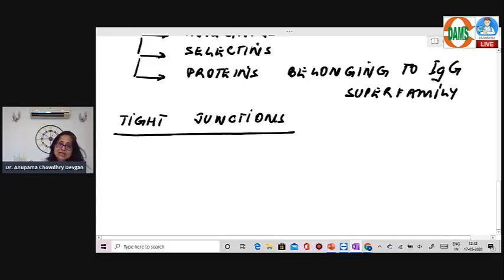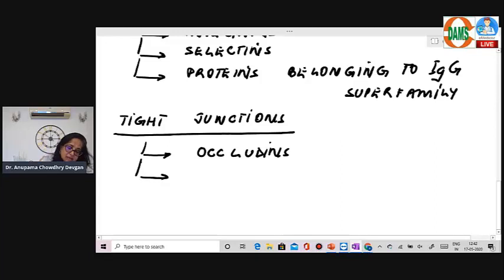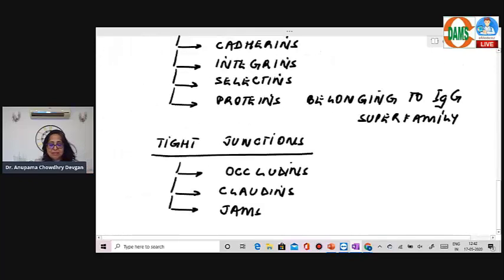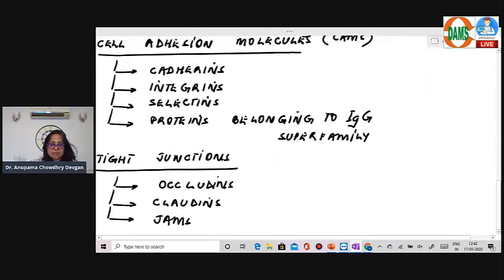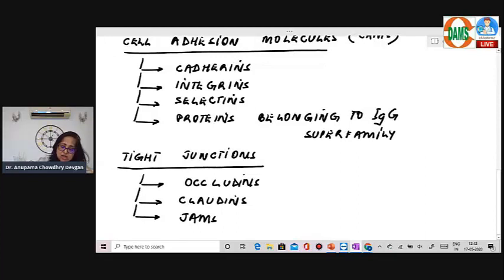Now, tight junctions are formed of special proteins which are called occludins, claudins, and JAMs. And what are JAMs?